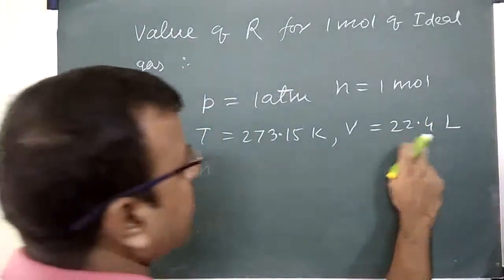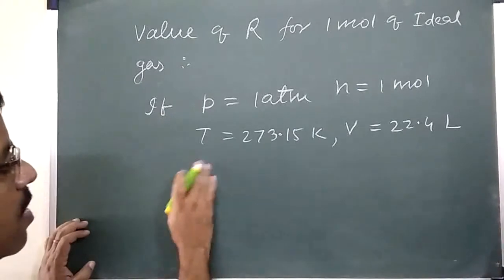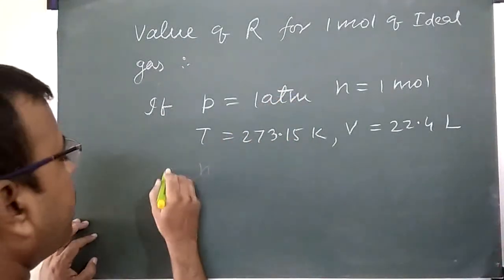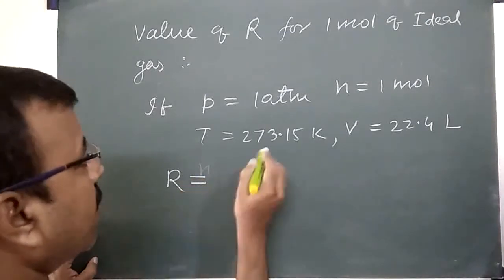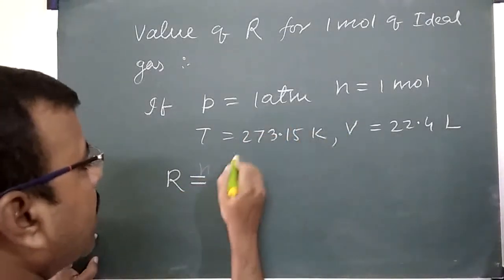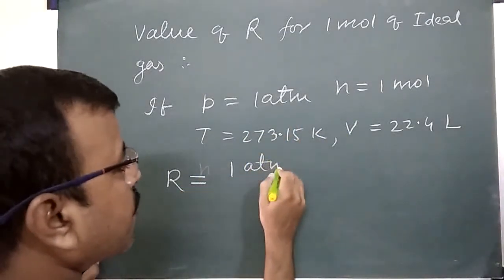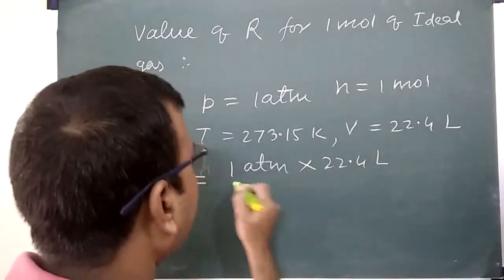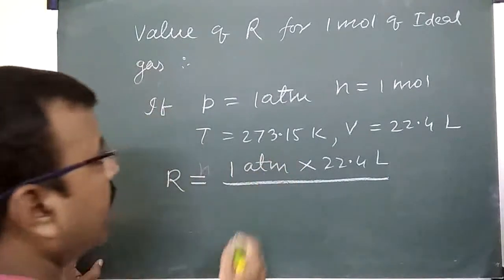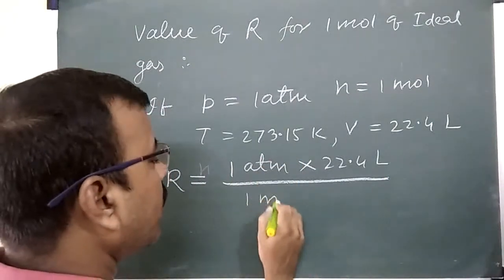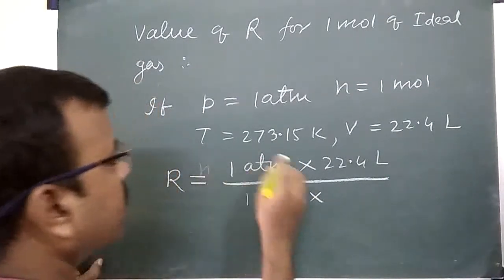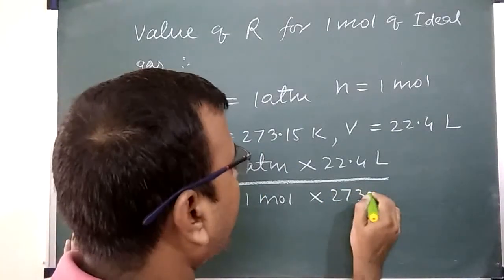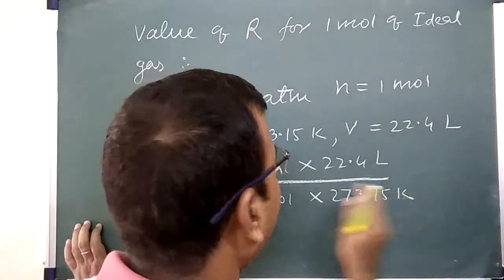Here volume changes because atmosphere is a little greater than bar. So for this, the value of R, pressure into volume, pressure is 1 atmosphere, volume is 22.4 liter, divided by number of mole 1 mole into 273.15 Kelvin.